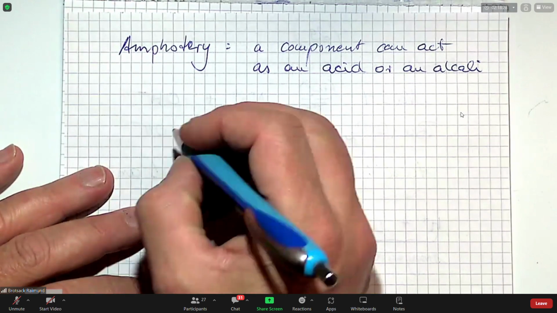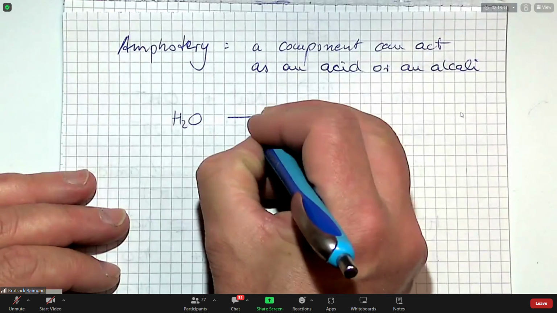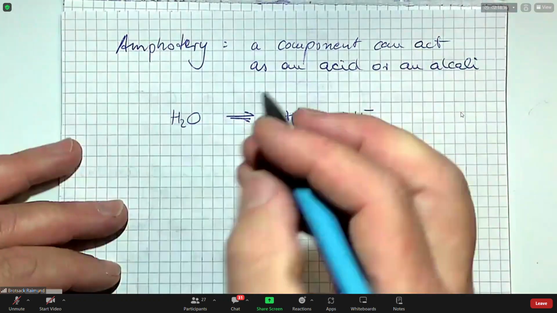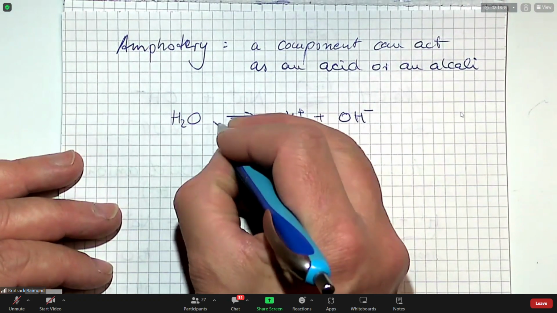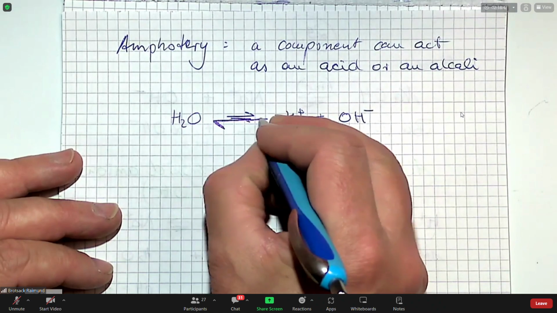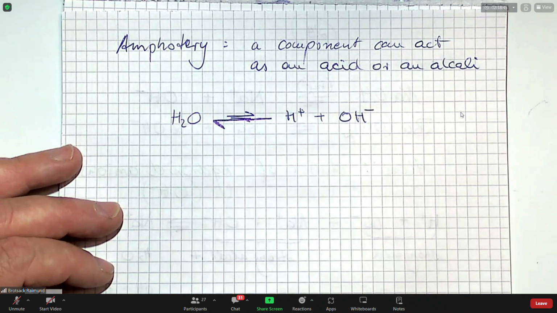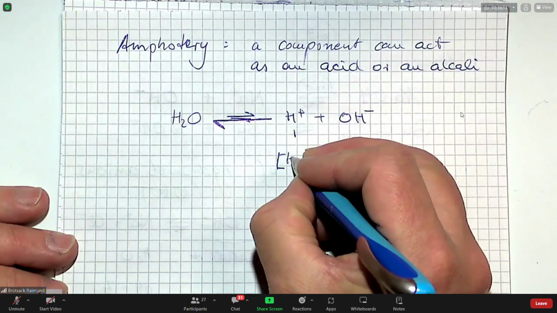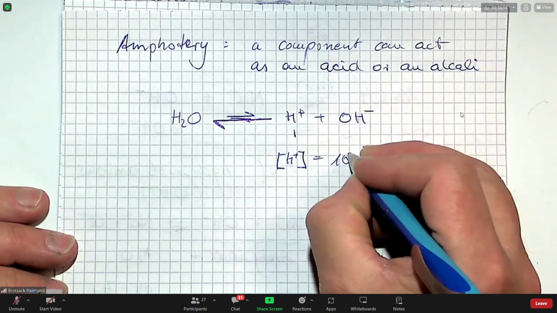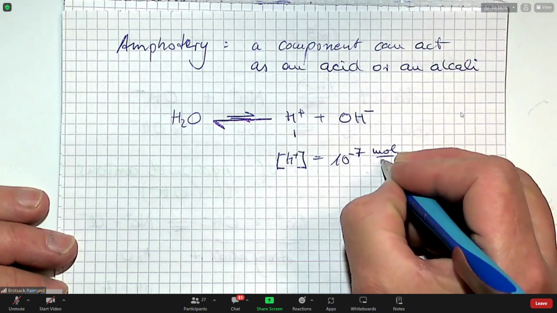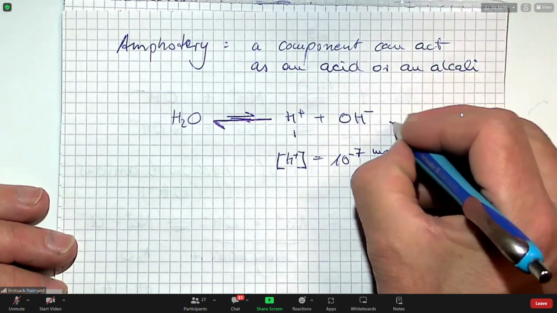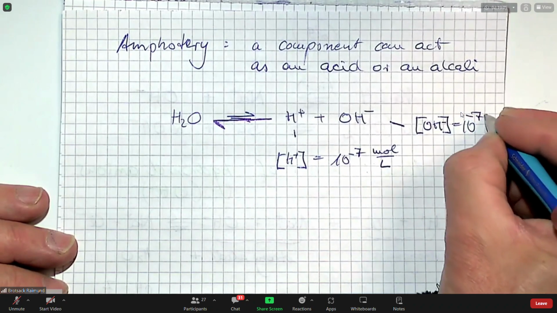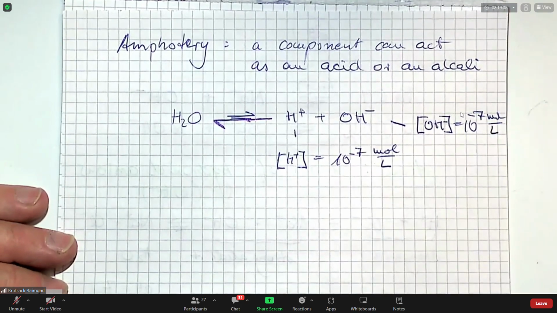Well, normally we have H2O and we have H plus and OH minus. And we know it is normally more or less totally, or not totally, but mostly on the left. The concentration of H plus ions is 10 to the power of minus 7 mole per liter in a neutral solution, and the concentration of OH minus is also 10 to the power of minus 7 mole per liter in a neutral solution.